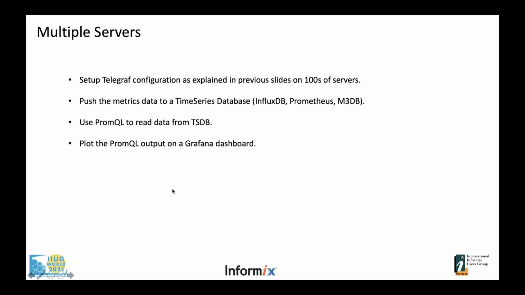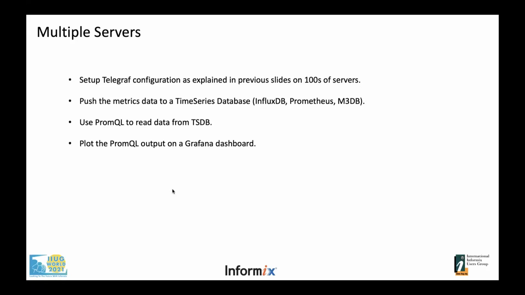Okay, so this setup can be rolled out to multiple servers, hundreds and thousands of servers, and what it will do is the Telegraf on each of these servers will send the data to the centralized time series database, which could be any of InfluxDB or Prometheus or M3DB.